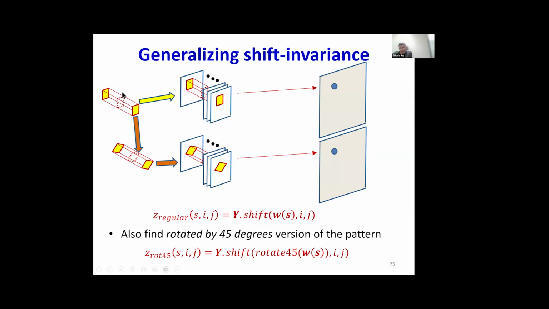If the filter looks like a vertical petal, what kinds of patterns would it detect?